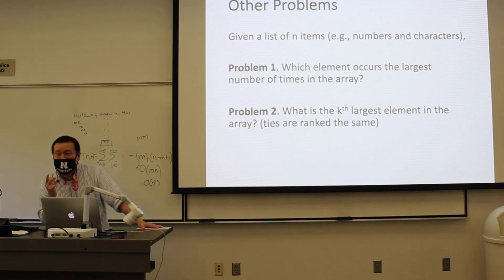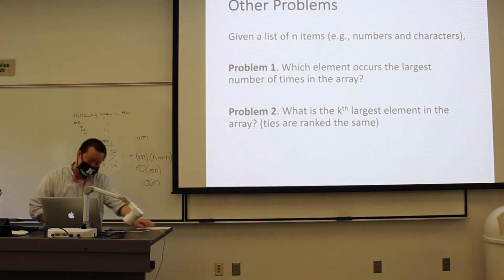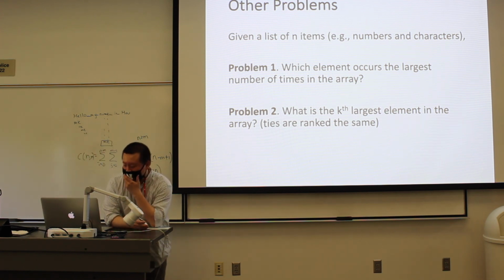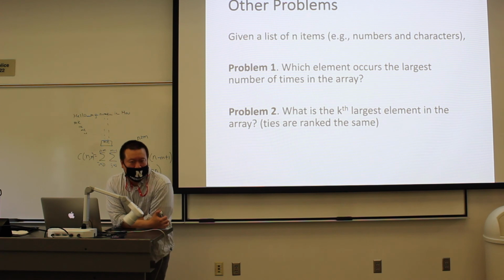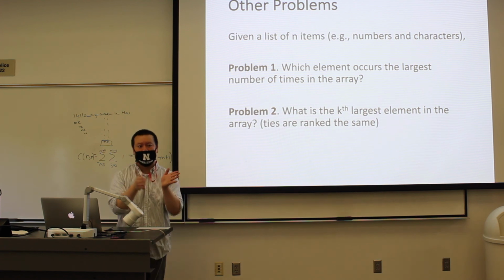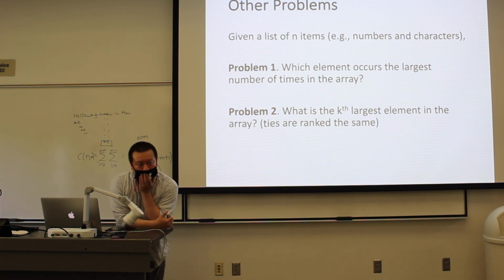I guess it'd be maybe n squared. For instance, one way of implementing this is to have a hash map or a table that stores the elements in the array.